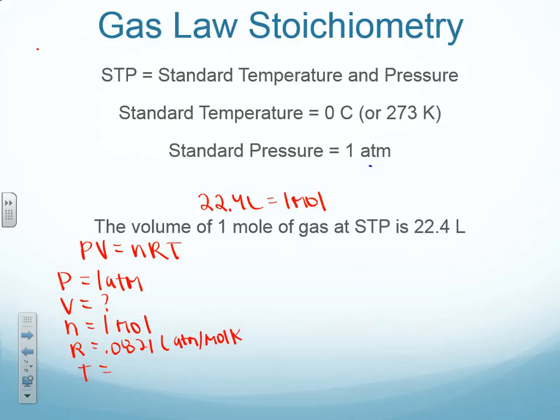And temperature is standard temperature, which is going to be 273 Kelvin. Okay, so again, we are trying to figure out what the volume of gas will be at standard temperature and pressure. So 1 atmosphere, 273 Kelvin, and we said that was 1 mole of gas. So we're going to go ahead and plug that in to the equation, and we are solving for volume.